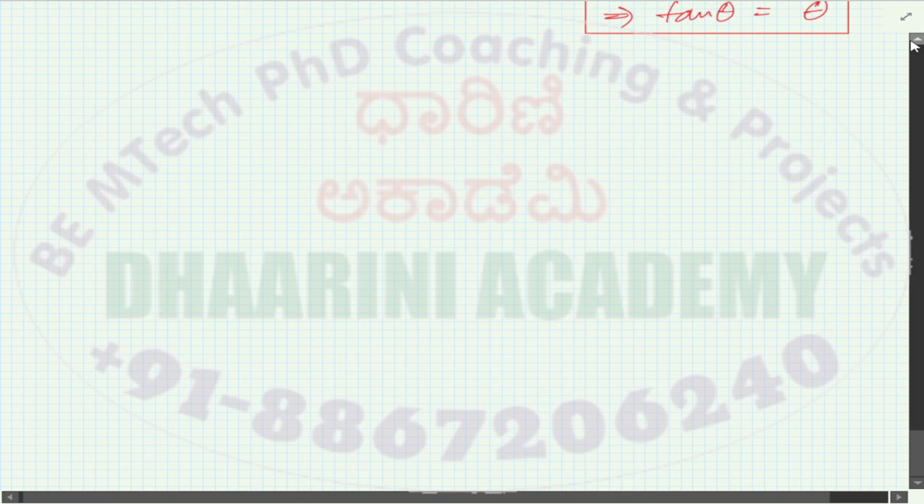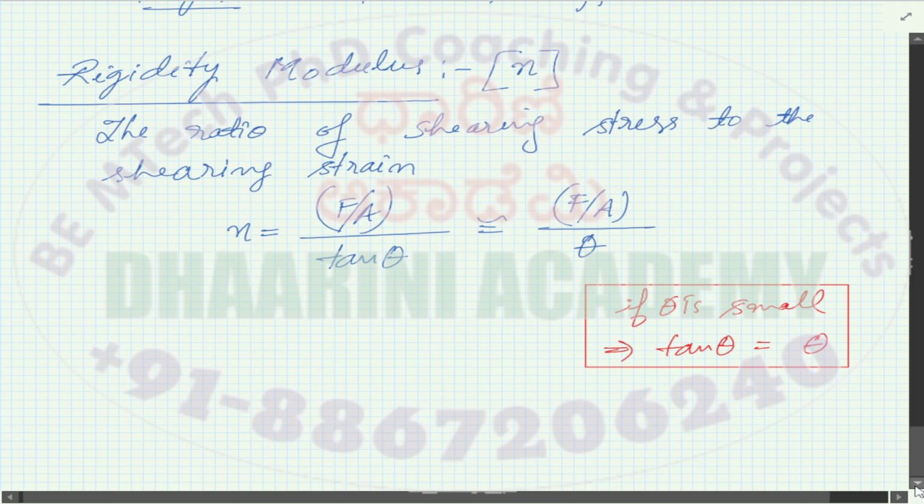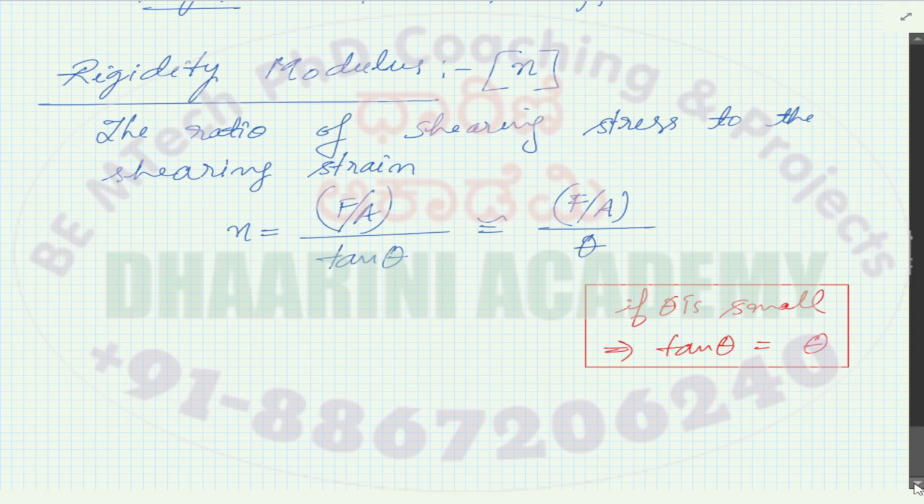Then we go to the next ratio. It is called rigidity modulus. It's denoted by small letter n. It's the ratio of shearing stress to the shearing strain.